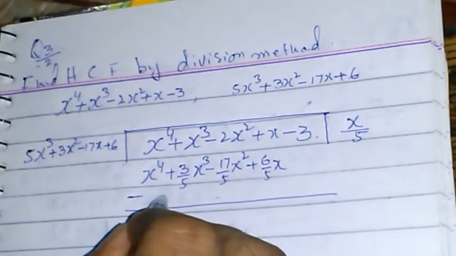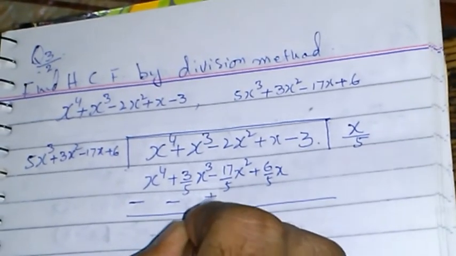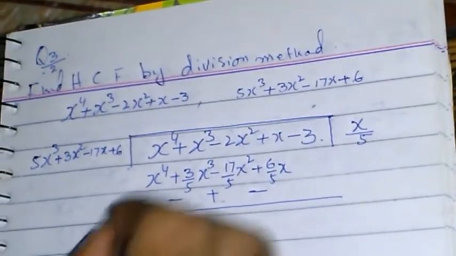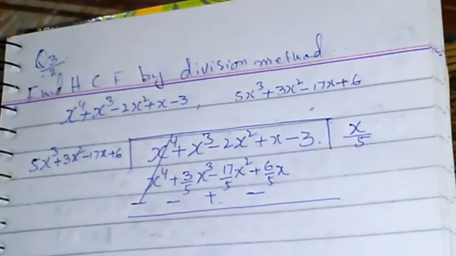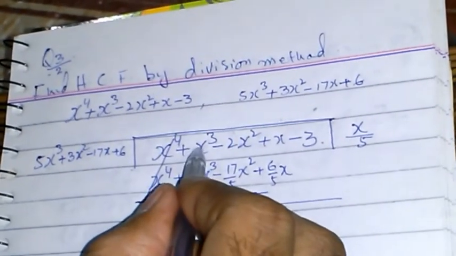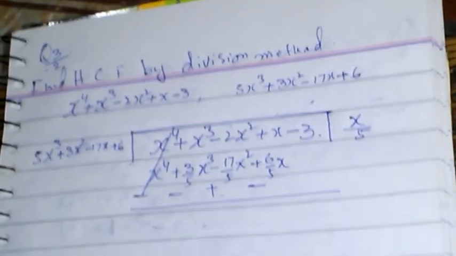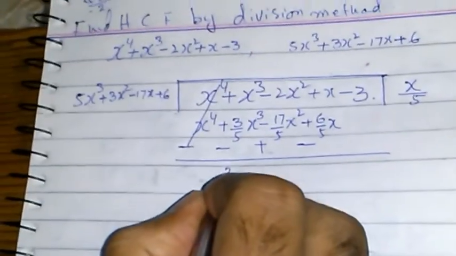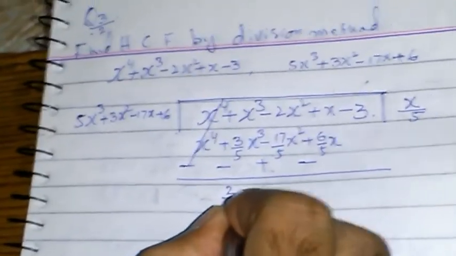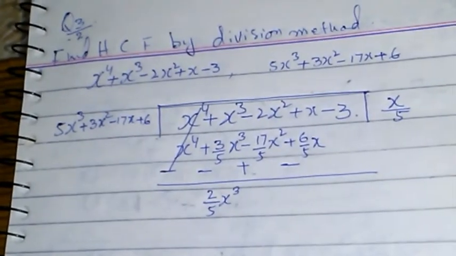Now change the signs. These two cancel. Then we get 1 minus 3 over 5, which is 5 minus 3 over 5, which is 2 over 5. 2 over 5 x cube.